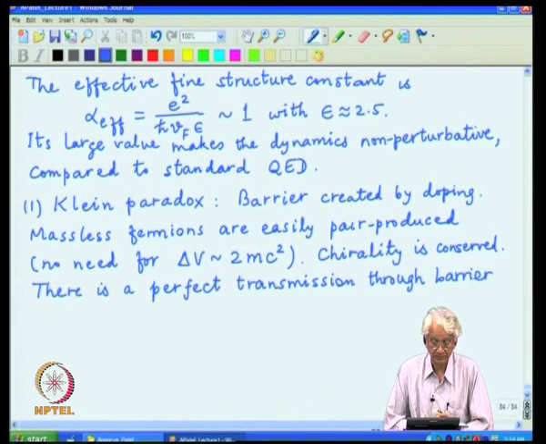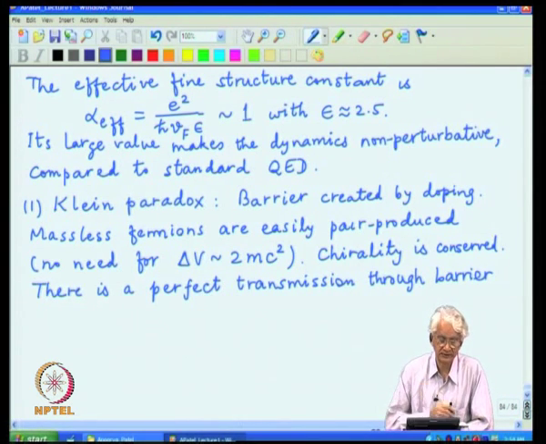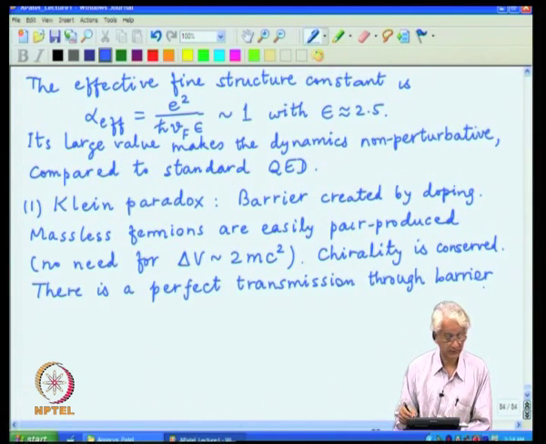One can have a pair production process which is restricted to the domain of the barrier, but on the other side we will get perfect transmission.